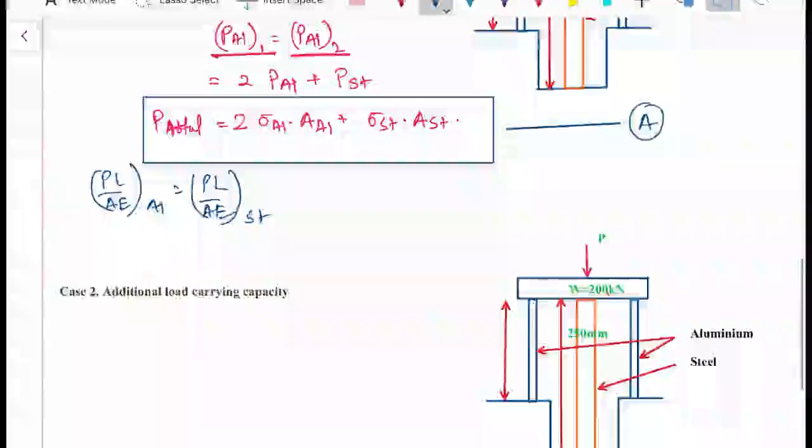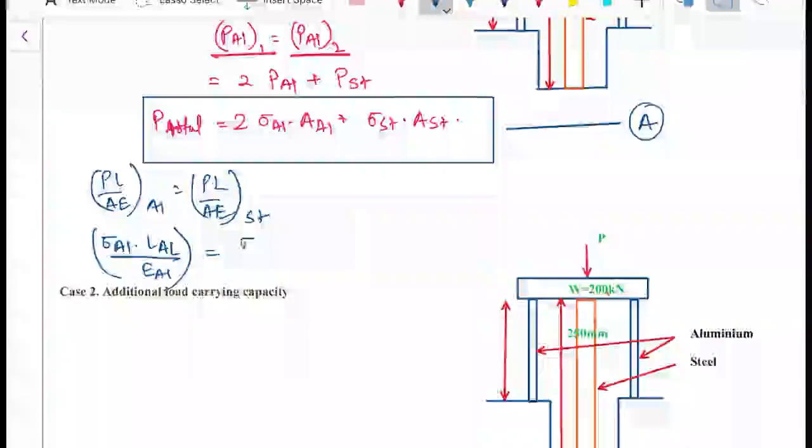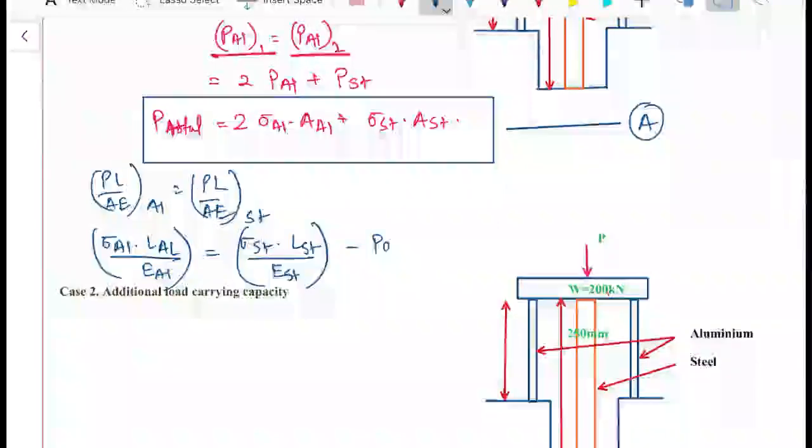Now this equation can be written as sigma of aluminum bar into length of aluminum bar upon E of aluminum bar will be equal to sigma of steel bar into length of steel bar upon E of steel bar. Now the lengths are not the same, that's why we are using part B's case 2 from the previous video.